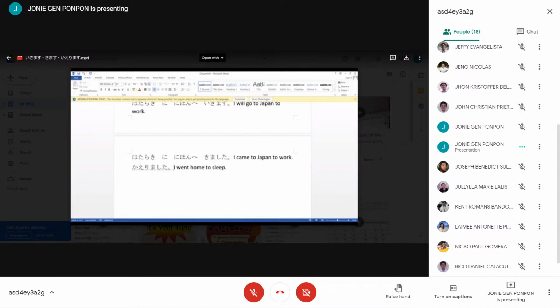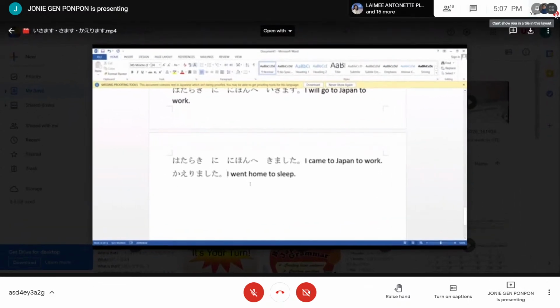Kairimashita. And then, okay, so in using kairimasu or kairimashita, it will mean go home or went home. So you may omit the uchi e, the place, since kairimashita will mean went home. So, no more place. So, to sleep, that is nemasu. The root word for the verb nemasu is ne.